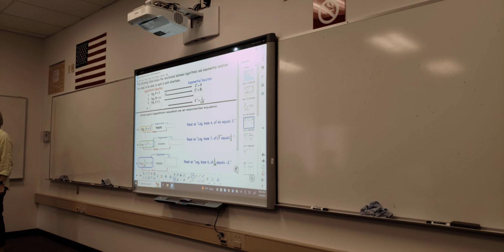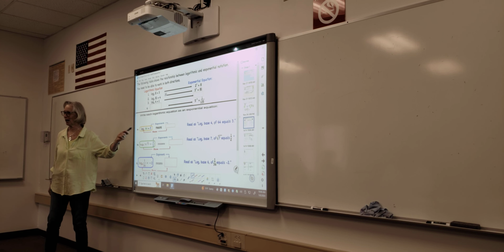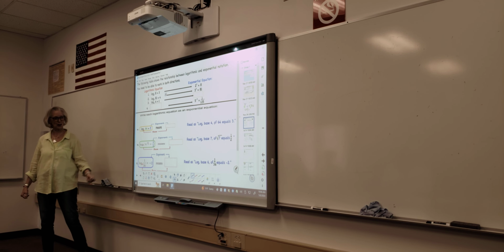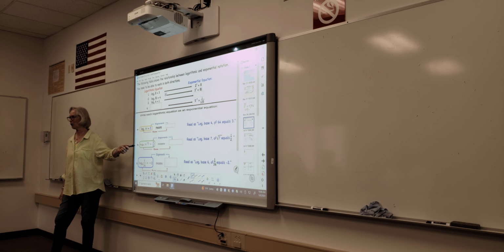Log base 4 of 4 equals 1. Okay, you got your 3 in. Okay, Alex, read this one. Log base 4 of 64 equals 3. Perfect. Girls, you take the hard one. Girls, go. Log base 7 squared.